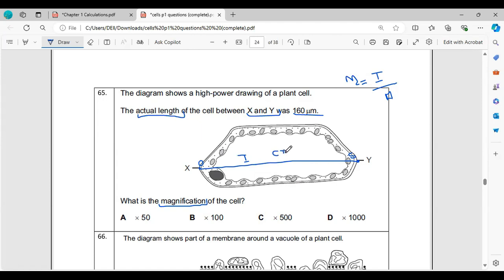So be mindful about these conversions. These conversions are highly important. It's high time that you start revising these conversions so that you can remember them. Your scale gives you the value in centimeters and you'll convert it into micrometers. Only then will you be able to find the right answer. If you put your centimeter value over here and your actual value in micrometers over here, then you'll get a completely wrong answer. So be mindful when you are handling questions of magnification. Surely you'll get conversions in these questions.